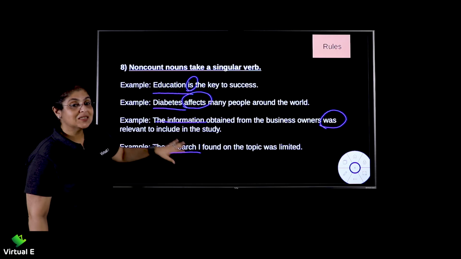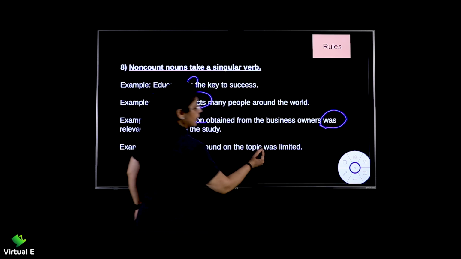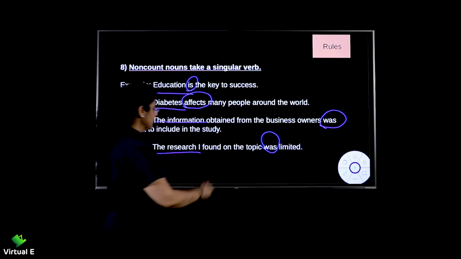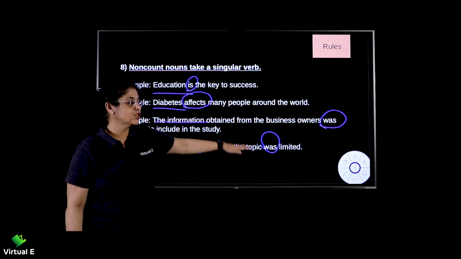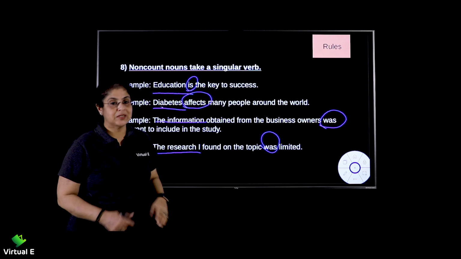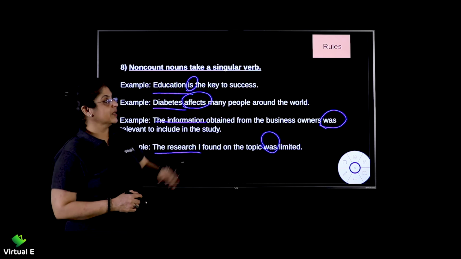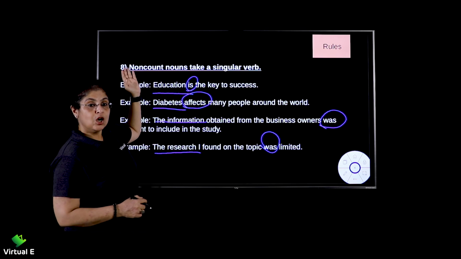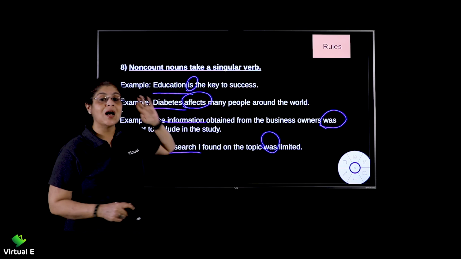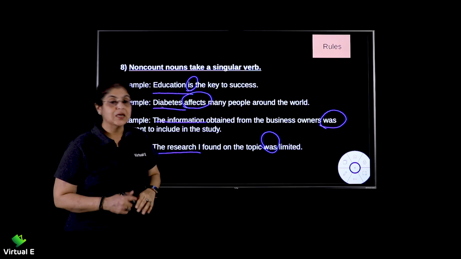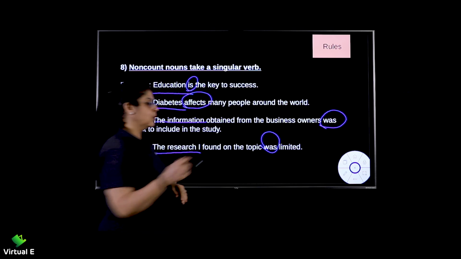So, the research again, it is singular, which is our verb was. So, the research I found on the topic was limited, right? Here it is singular, here it is singular as well. So, what's your conclusion? All your non-countable, your uncountable nouns take a singular verb.